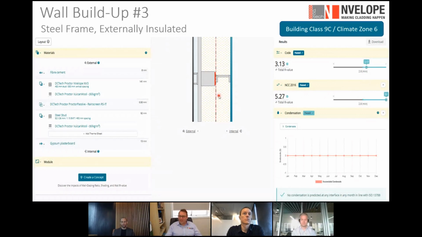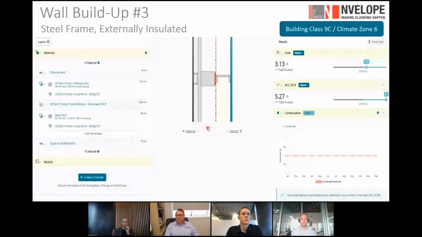But in this case, the dew point has been shifted to the external cavity. So it's no longer in the occupied space where we live. It's now in an external cavity where it's subjected to ventilation and a lot of drying potential. So it's a lot healthier, and you'll see here there is a very minimal risk of condensation forming. That's a big take home for this one.